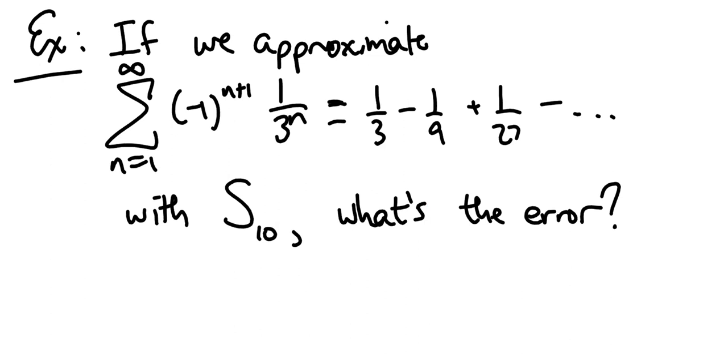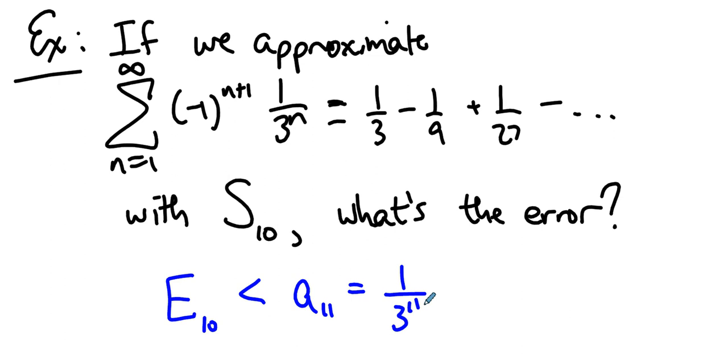Well, the error on 10 terms is less than the 11th term. It's less than the 11th term. But what's the 11th term? It's 1 over 3 to the 11th.